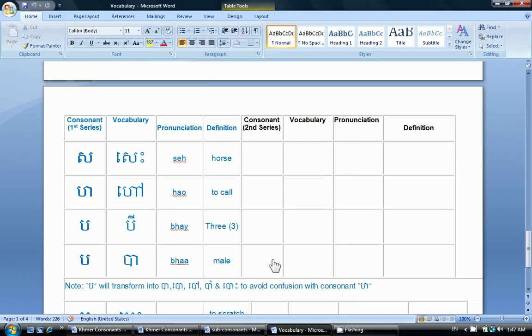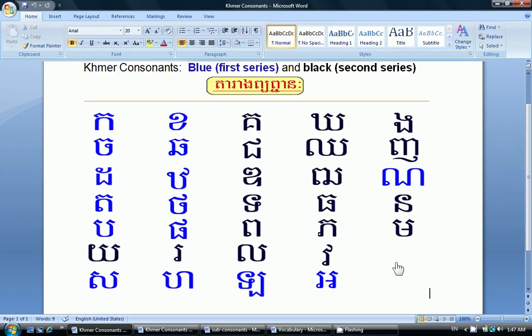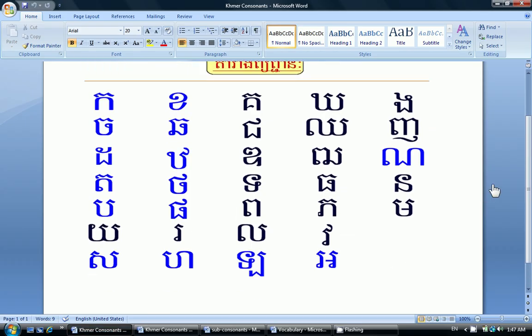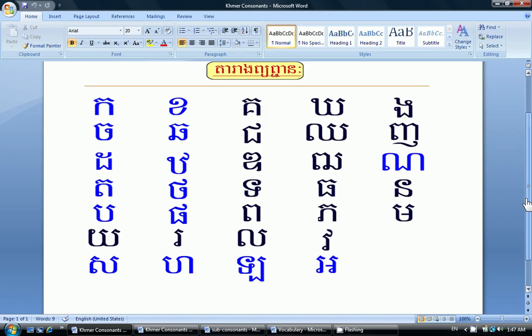Now let's review our consonants. We have 33 of them, and in Khmer, consonants are called pyonchnet. They are divided into 6 groups.